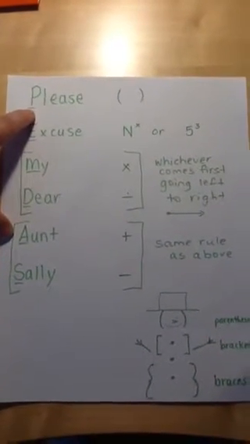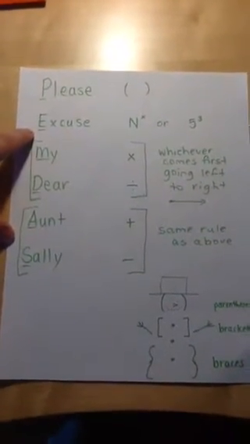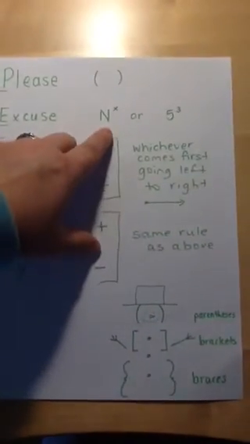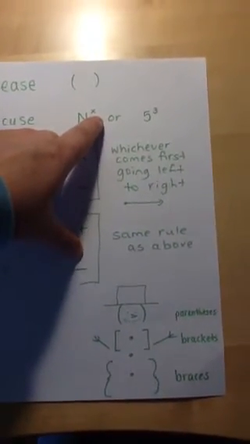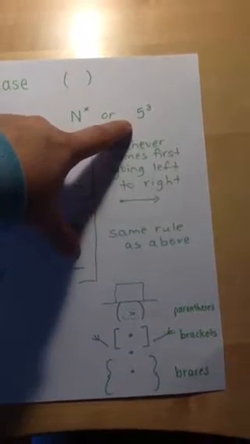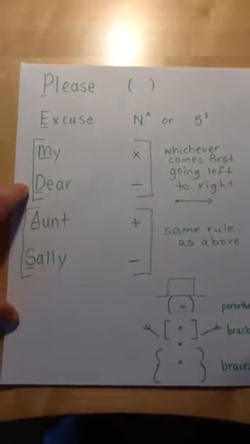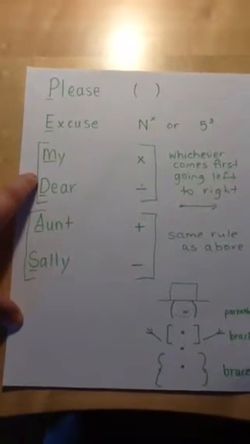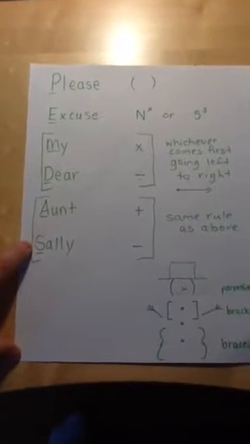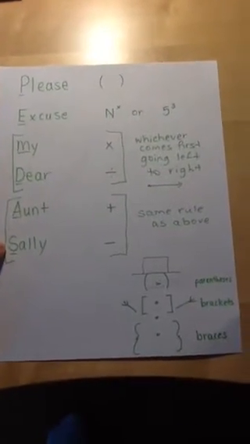So the P stands for parentheses. The E stands for exponents. So it's a number raised to a power, or you could just make one up, and I put 5 to the third power. Then you have multiplication and division. Those go together. That's why I've got them grouped together. And addition and subtraction. That's also going together.